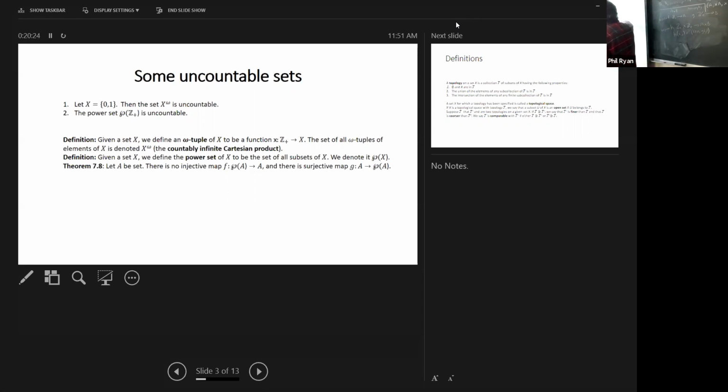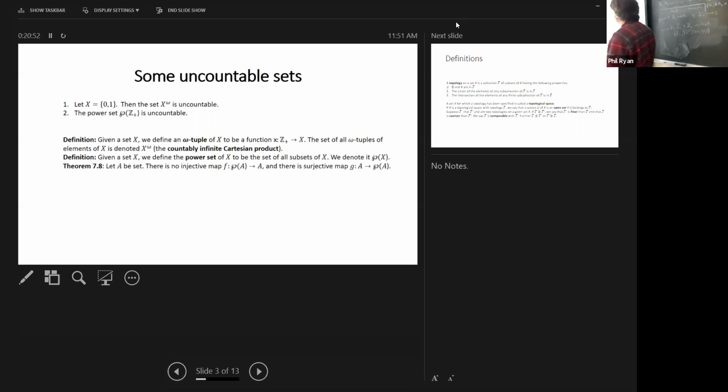So you can think of it as an infinite tuple, x1, x2, x3, x4, and so on, like a sequence. That's another way of thinking about it.